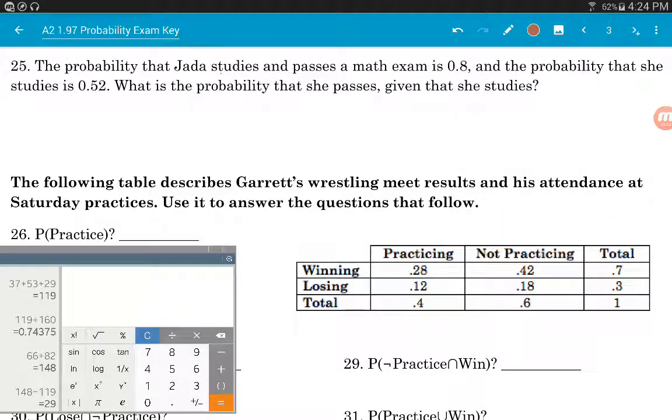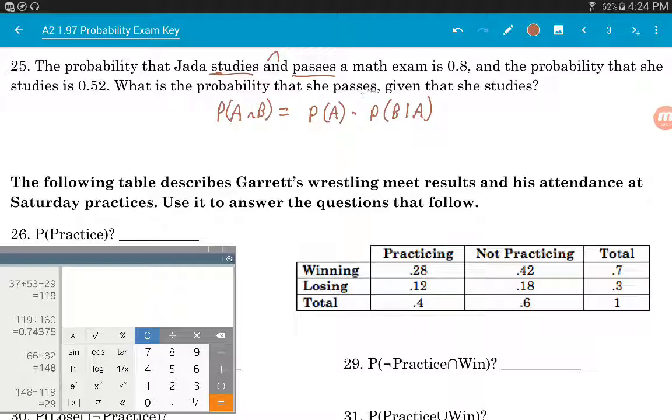So she studies and passes. So let's see. The probability of A and B is equal to probability of A times the probability of B given A. Now this is when things are not independent.